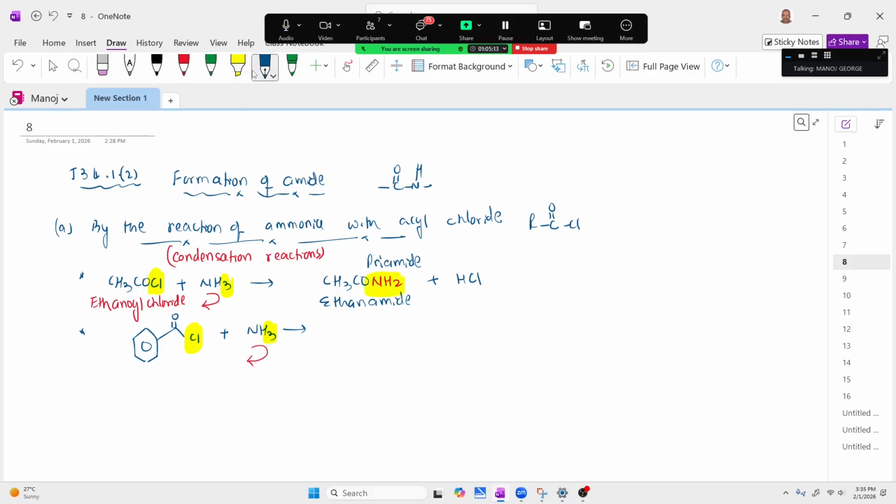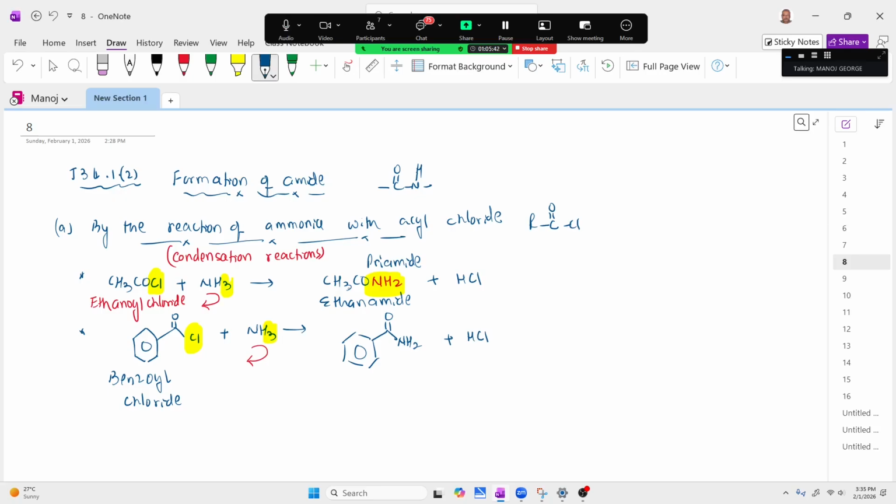Okay. And what about this one? This is called benzoyl chloride. So I should be getting something like this again. So that's the CO and the Cl is gone and I should get the NH2 plus the HCl.